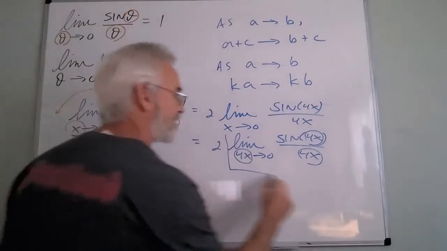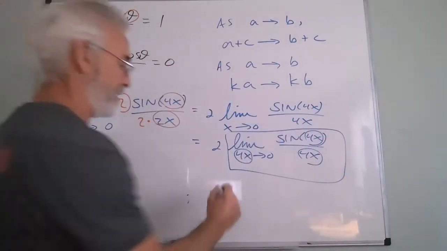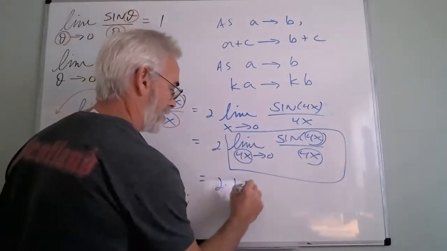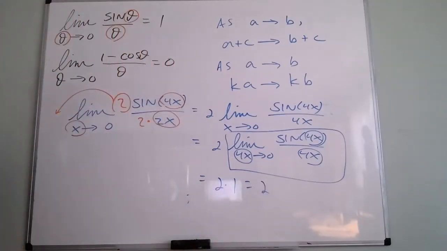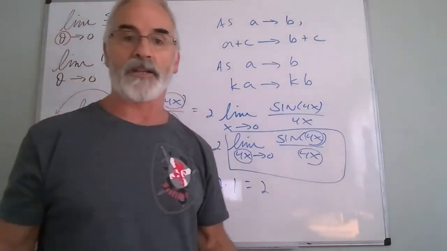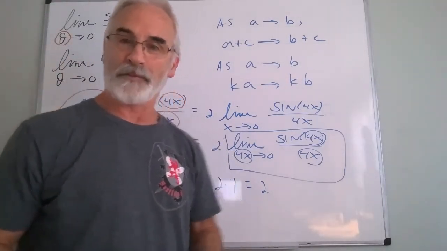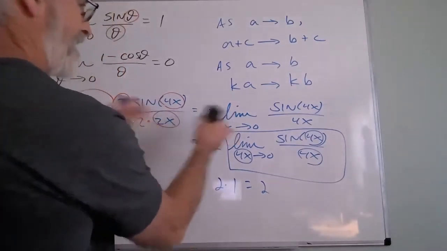That means that this quantity right here is equal to 1. That's kind of nice. In fact, any trig limit, if the limit can be evaluated, you can always evaluate it just using this kind of stuff. Okay? Everybody got that? That's kind of neat.